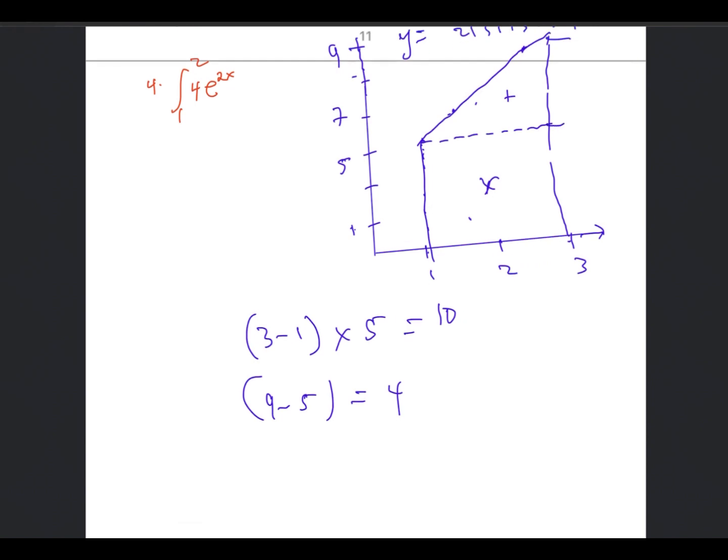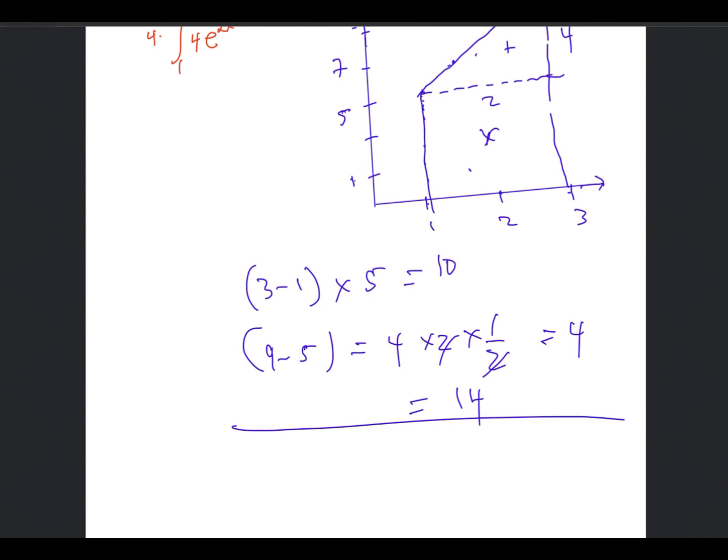So from here to here is 4, and the base is the same 2. Therefore 4 times 2 times a half gives us 4. So 4 plus 10 gives us 14.